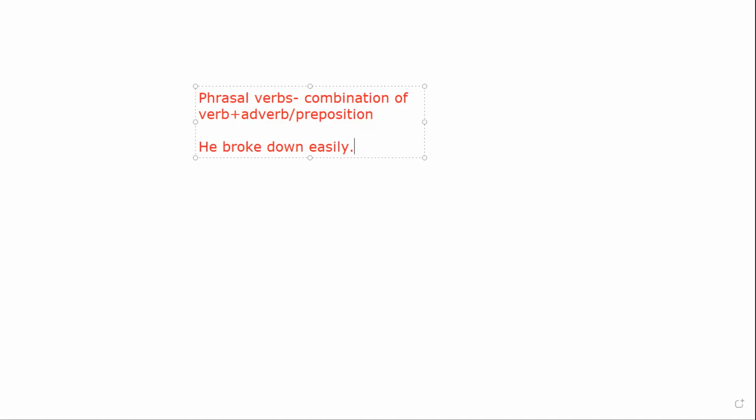So this is one phrasal verb, and breakdown has a totally different meaning, like when someone is feeling emotionally bad, not mentally well. Then it's called a breakdown. So it is forming a totally different thing. These are called phrasal verbs. Let me show you some examples of phrasal verbs also.